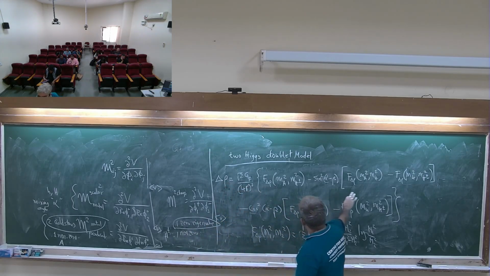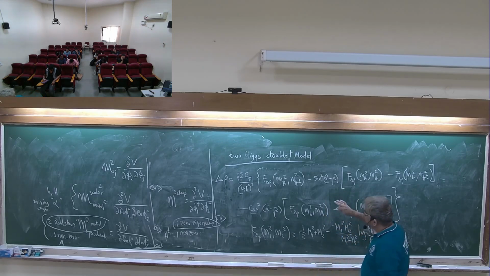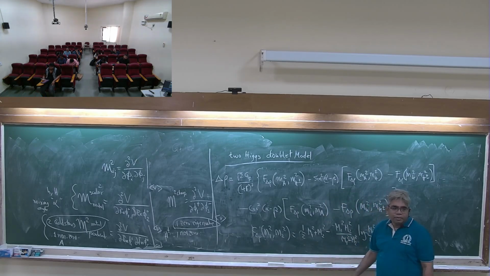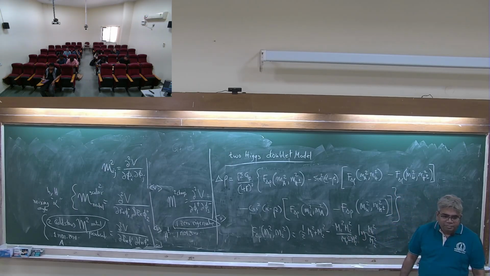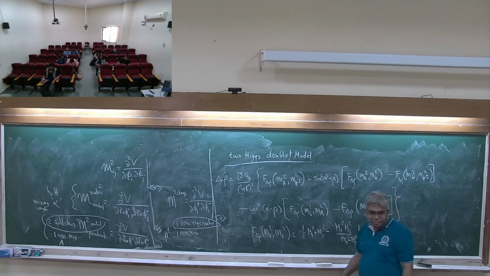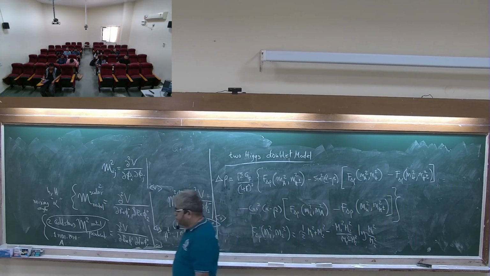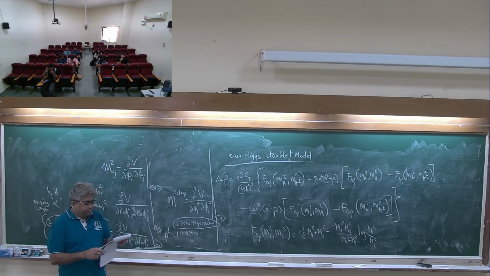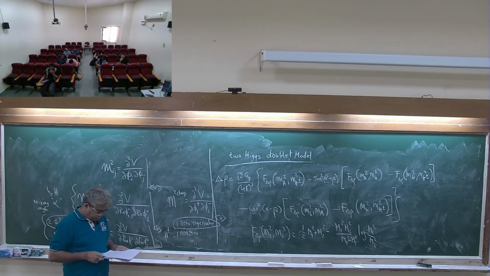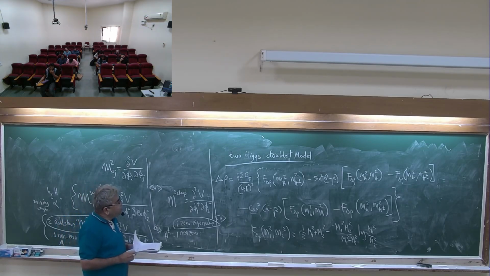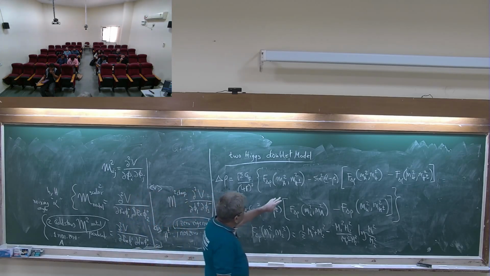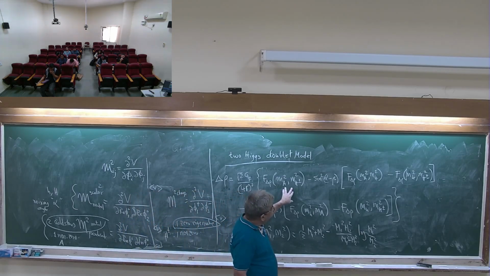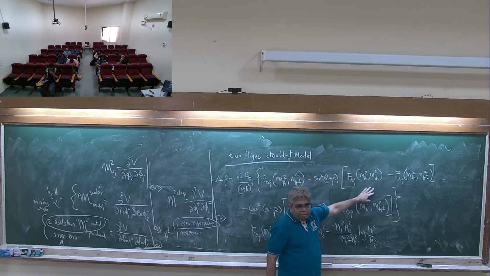Now you look at this formula and tell me when this will be very close to 1. Because the experiment tells you that they should be 1. So this will be very close to 1 when these are very degenerate or these are very degenerate.